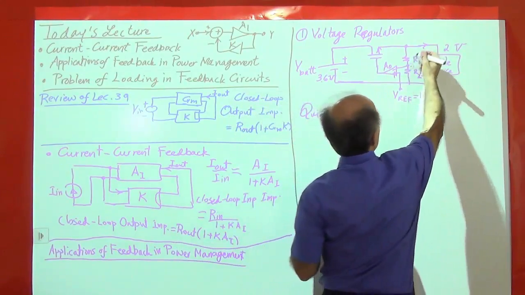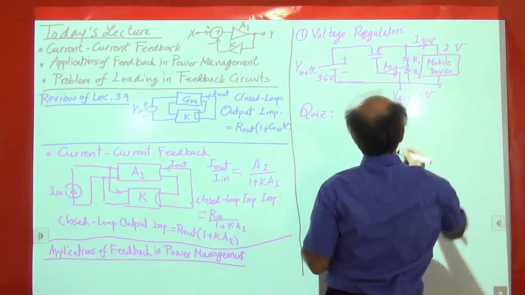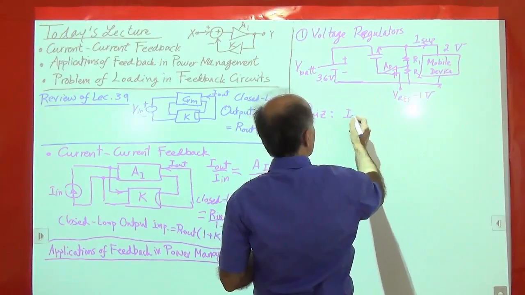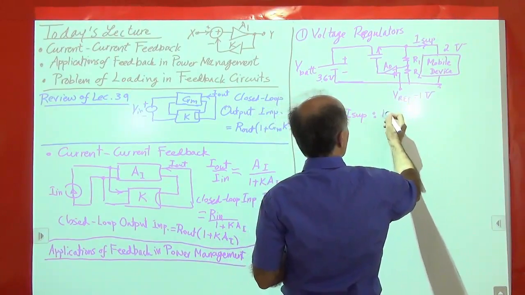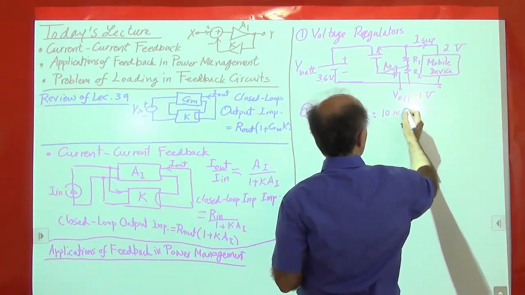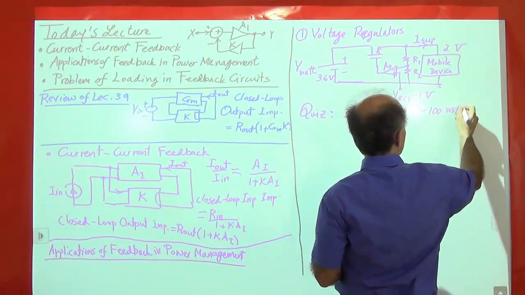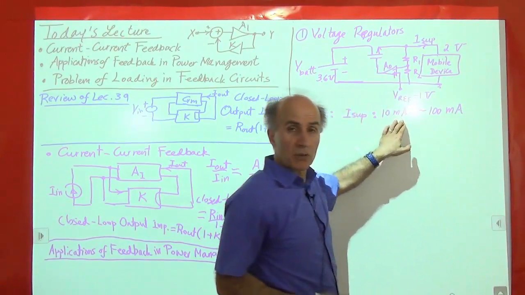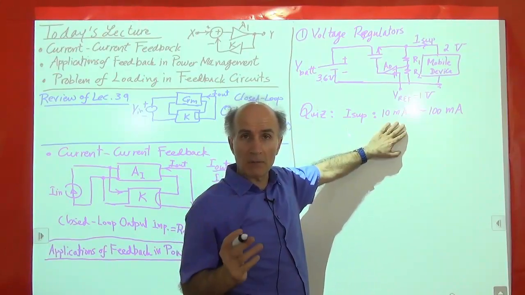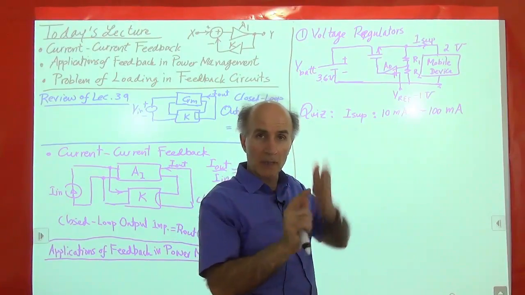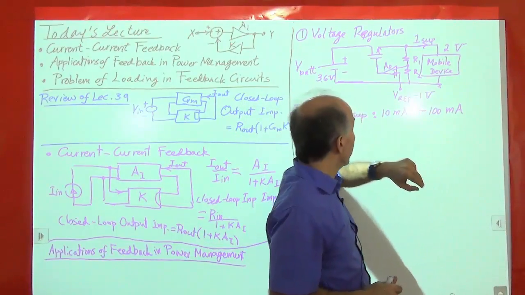So the current, we can call this I sup, the supply current, I sup, goes from, let's say it used to be 10 milliamps, now it goes to 100 milliamps. Here it wasn't doing much, it was just sitting there with all the apps on it and so forth, and then I dial the number, I'm making a phone call, so it's drawing a lot of current, 100 milliamps.